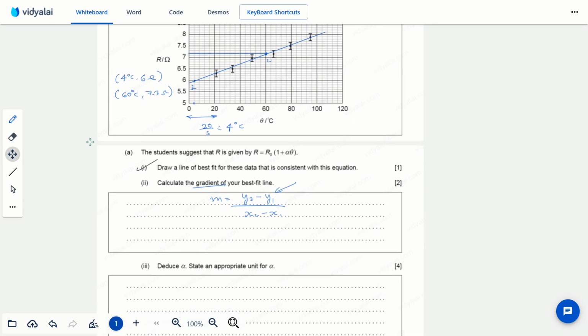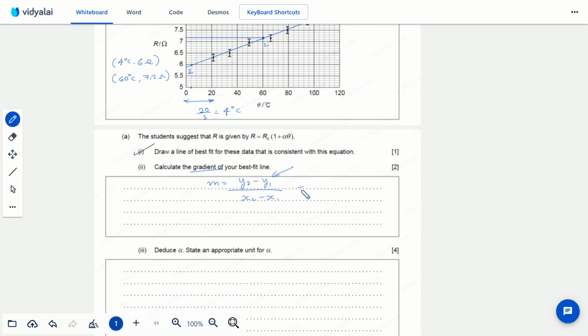We have 2 points and we have both of their coordinates figured out. Substituting these coordinates, we get 60 minus 4. You might have noticed that I am not writing down all the units here because I want to keep my calculations a bit neat, but I will add the units at the end.